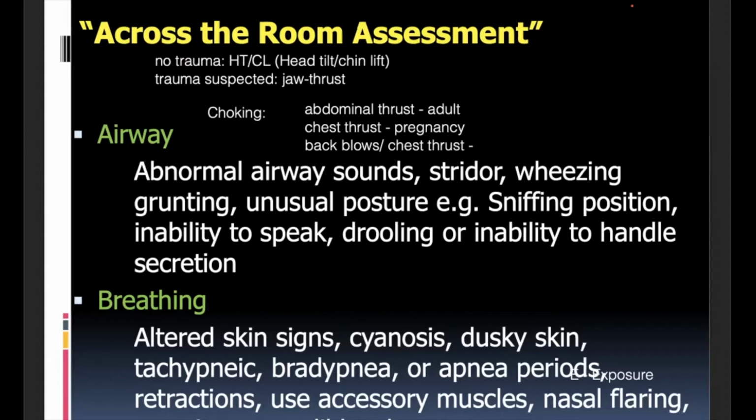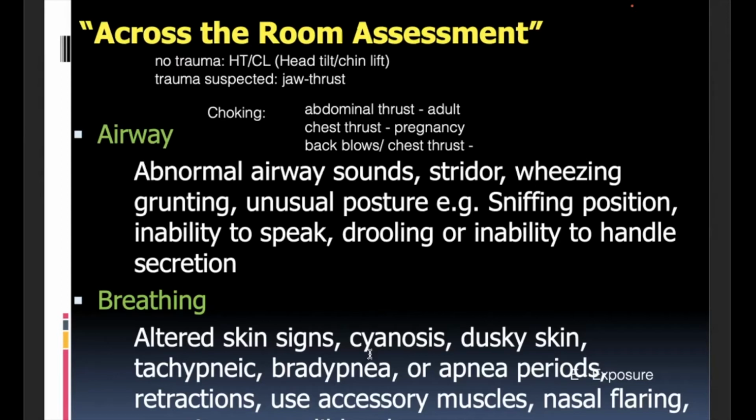Now if there are advanced airway management problems of the client, we really need to transfer the patient to capable hospitals. Okay, and that's how we are going to manage the airway part of our client.